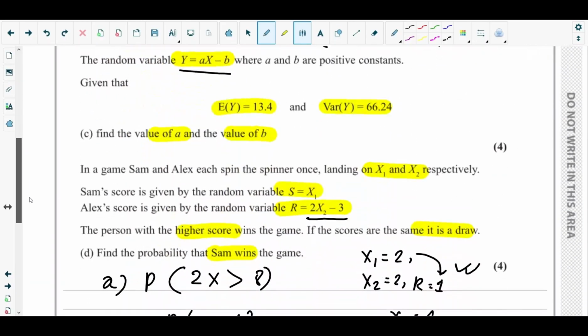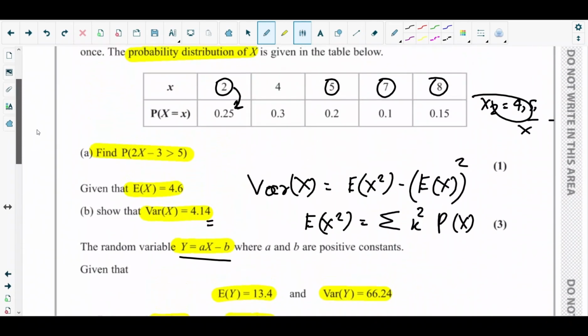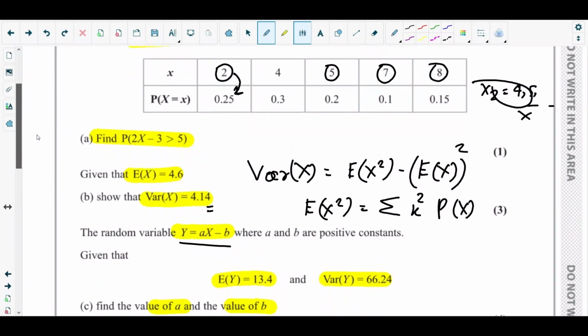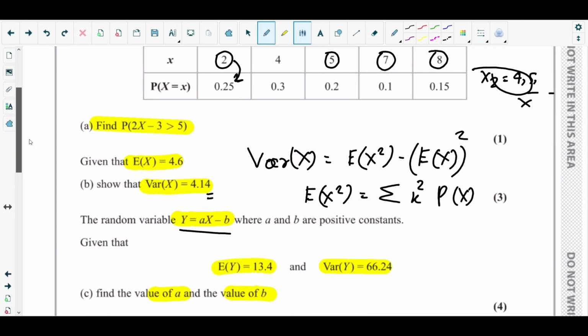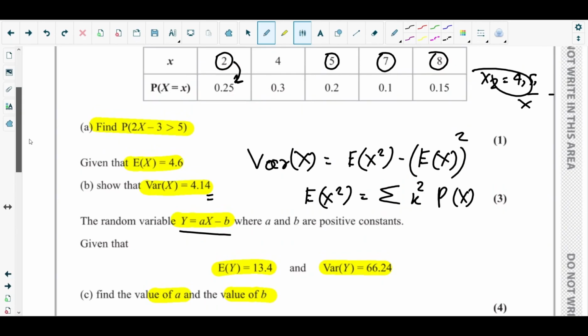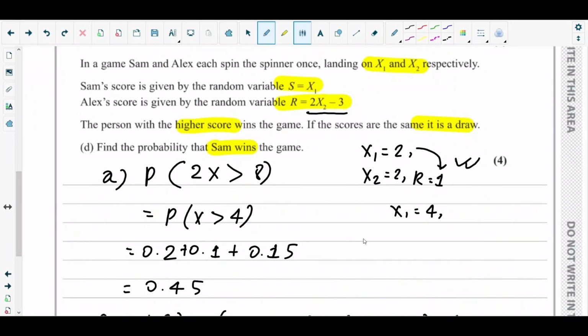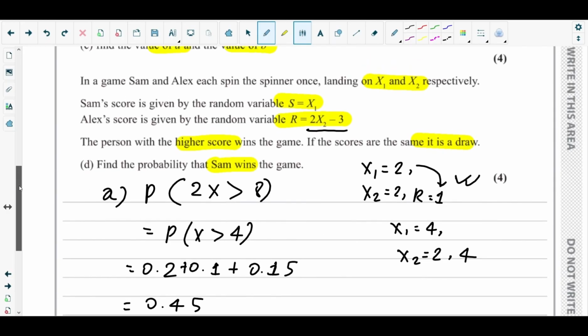So let's consider x1 equals 4. If Sam's score is 4, what should be Alex's score to let Sam win? x2 can be 2 definitely, no issues there. If you consider x2 equals 4, 4 times 2 is 8, minus 3, that is 5.